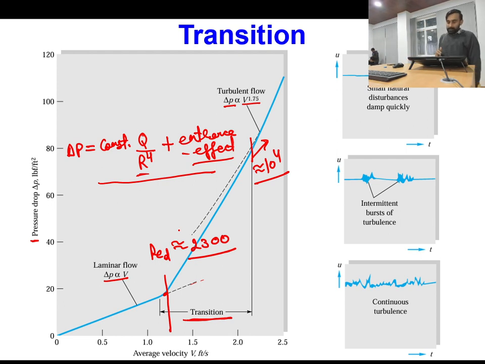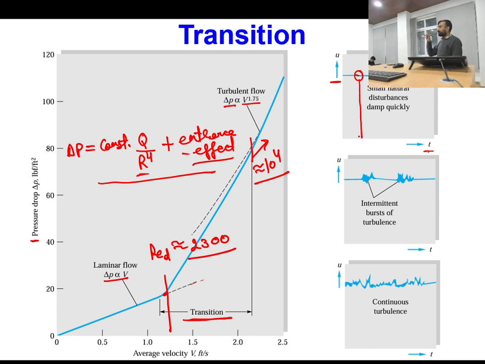Okay, so to show you how disturbances travel in different regimes, this is one simple depiction of the x component of the flow velocity as a function of time. You can see that here a small disturbance has been induced into the flow at this time.